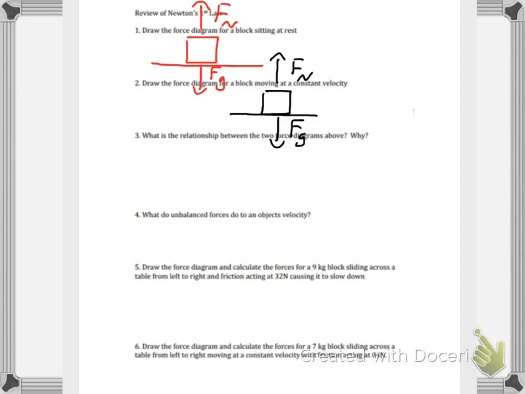So now we'll move on to number 3. What is the relationship between the two force diagrams above, and why? Well, they're the same, so there's your relationship. They are the same. And why?